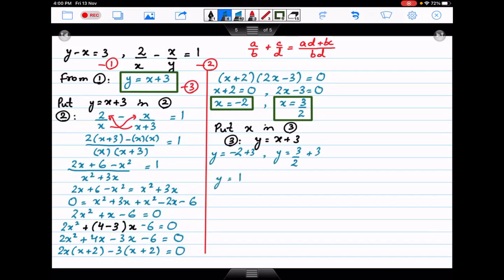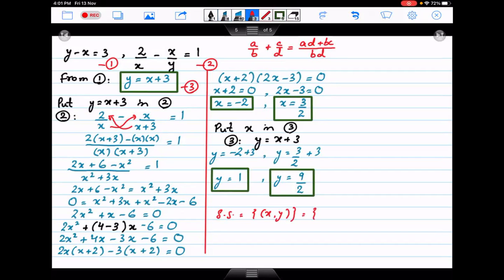So it should become 1, and this should become, by taking LCM, 9 upon 2. So writing it in the solution set in the form of x comma y, minus 2 should be making a pair with 1, and 3 upon 2 should be making a pair with 9 upon 2.